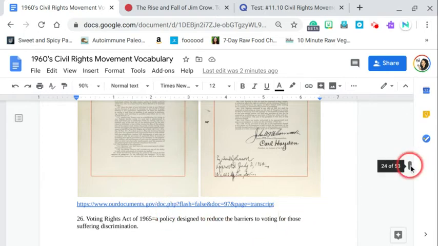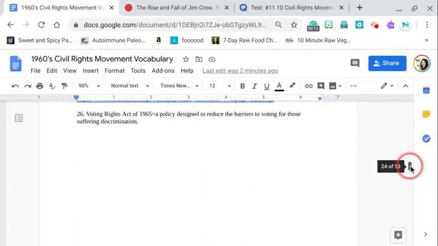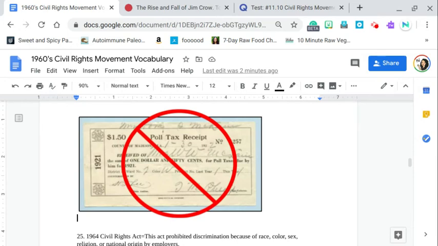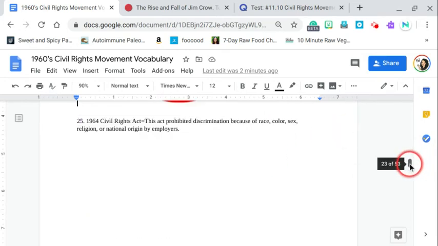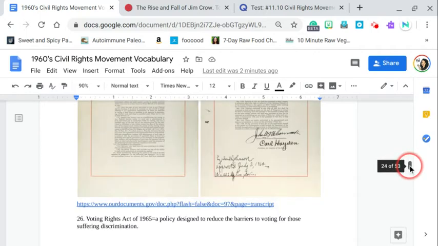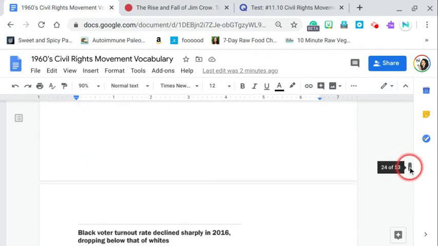Okay, so going back to the Voting Rights Act. According to the Voting Rights Act, you cannot stop someone from voting if they meet the requirements. And even today, believe it or not, there's still a lot of discrimination when it comes to voting.